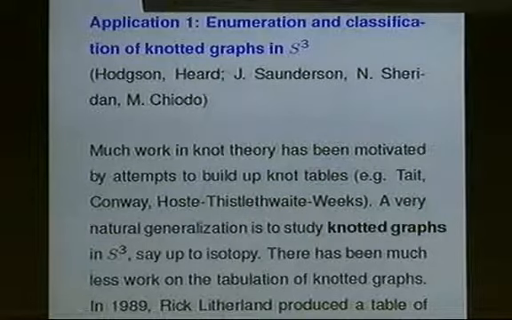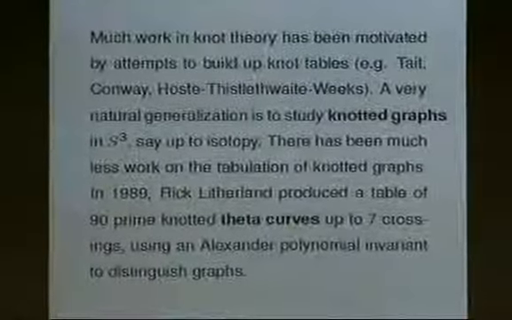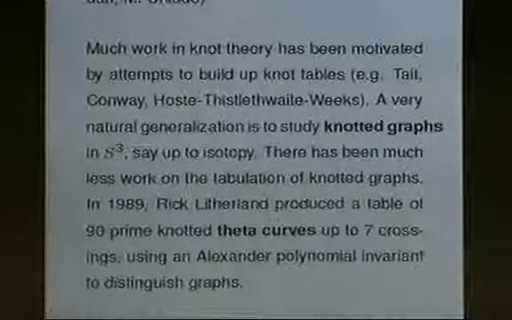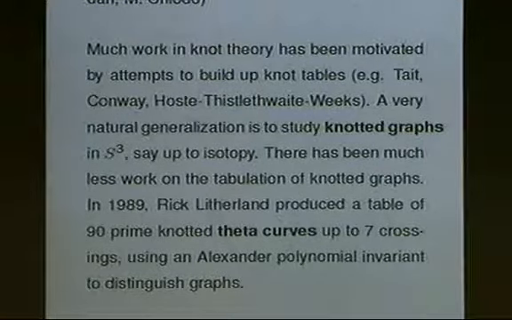I guess one of the first results in this direction was about 1989. Rick Litherland produced tables of certain kinds of theta curves. I'll show you pictures of those in a moment, up to 7 crossings. And he used some polynomial invariants to distinguish the graphs. I want to talk about some work with Damian Heard and three undergraduate students, James Saunderson, Nick Sheridan, and Maurice Kyodo.